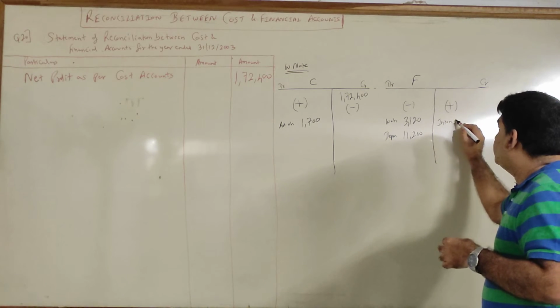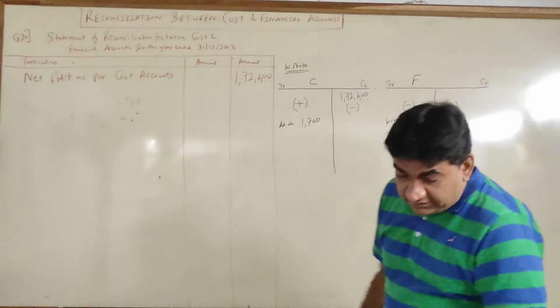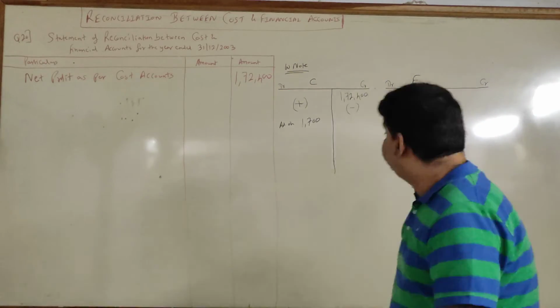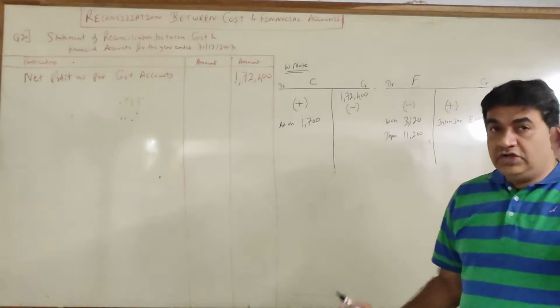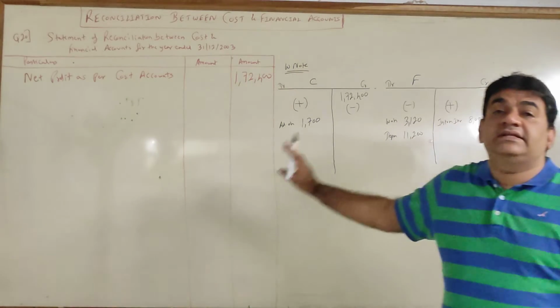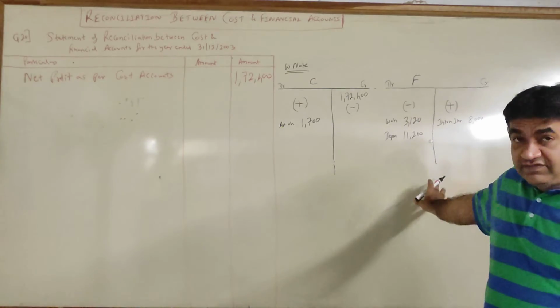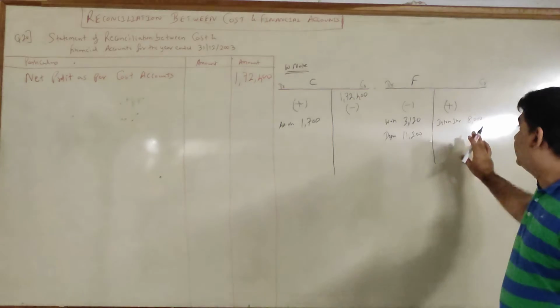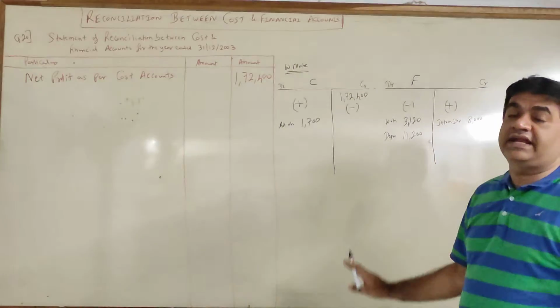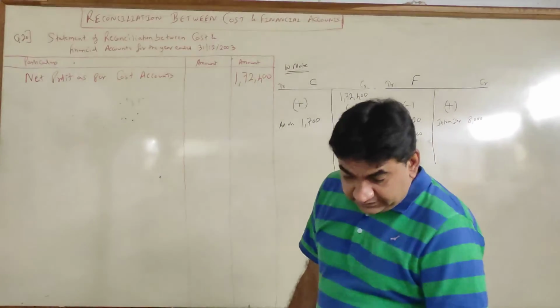You can just write in a short way, interest on investments. How much is it? 8,000. Got it? Not in cost accounts. Therefore, we are recording it in finance, and I have invested. It's an income for me. Therefore, I will put it on the credit side of finance.